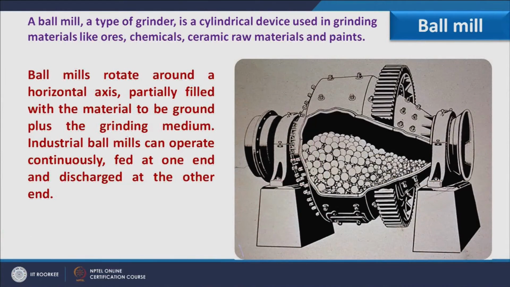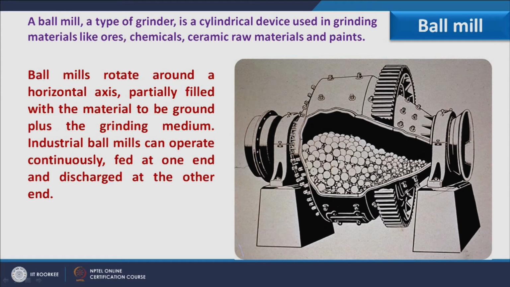Let us discuss the ball mill first. A ball mill, a type of grinder, is a cylindrical device used in grinding materials like ores, chemicals, ceramic raw materials and paints. So, here you see this is the schematic of a ball mill. Inside, almost half of the mill is filled with balls, which work as the grinding media.